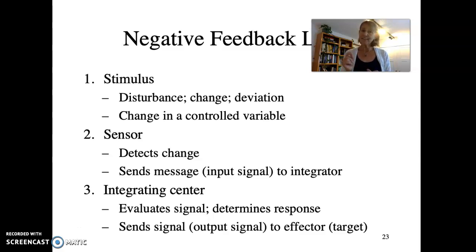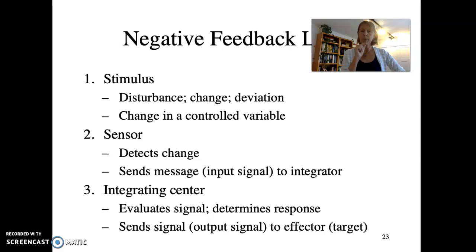So the sensor detects that change, and it sends that message to somewhere else in the body that can do something about it, or can send that message to wherever it needs to be delivered to. So a stimulus, a sensor that's going to detect it, and then an integrating center that's going to say, oh, we have a problem here. The sensor is telling us that this is too high.